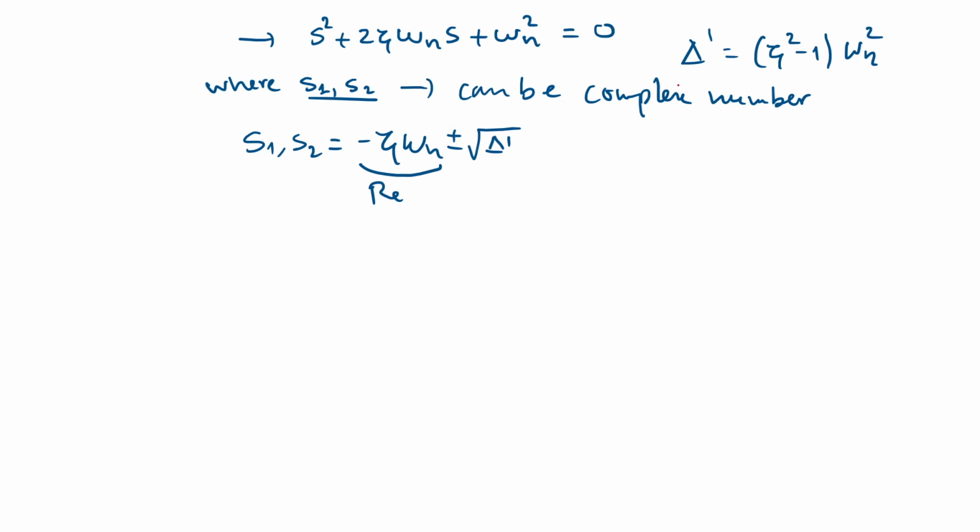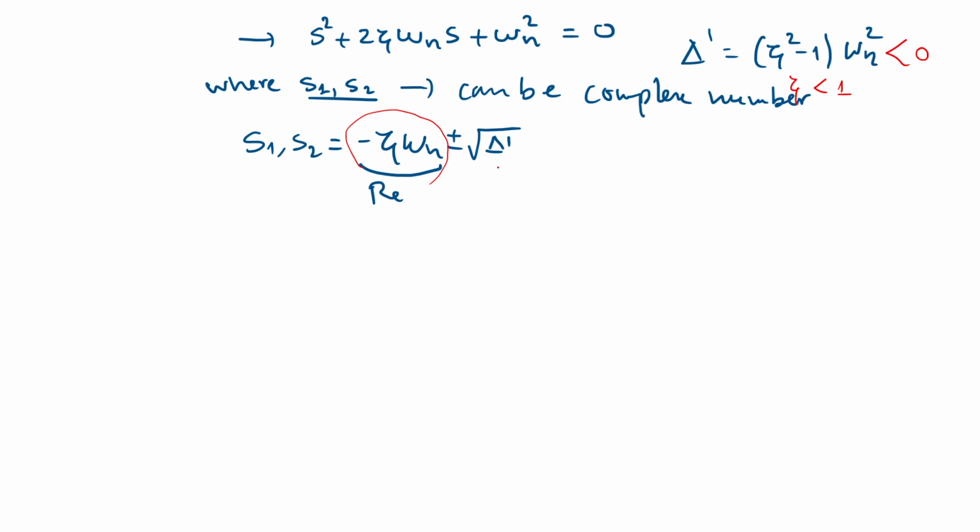But in the case S1 and S2 are complex numbers, which means that delta prime is negative, which means that zeta less than 1. So complex numbers come from here, right? It's going to introduce a complex number here. Then the real part is only this term, right? So if this real part is negative, then the system is stable.